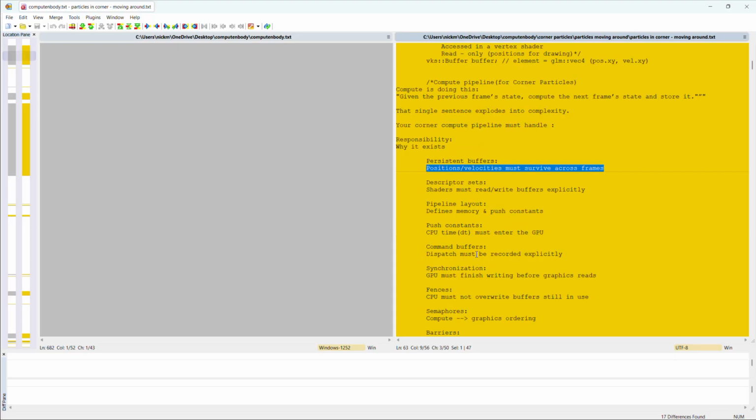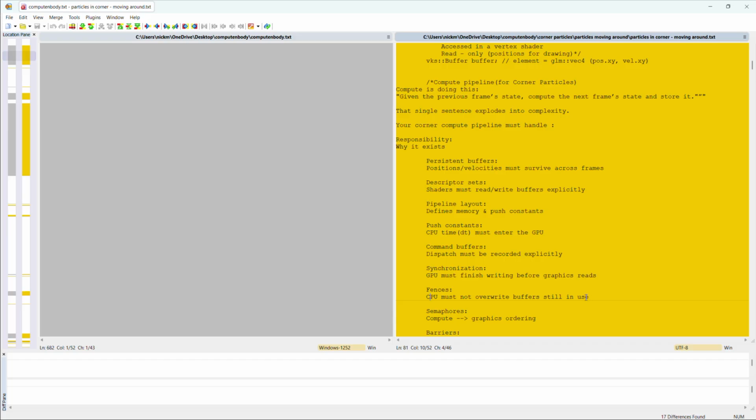Command buffers, dispatch must be recorded explicitly. Synchronization, GPU must finish writing before graphics reads, right? So I was talking about here that the shaders need to finish updating the calculations in memory before the graphics reads it, right? Fences, CPU must not overwrite buffers still in use.